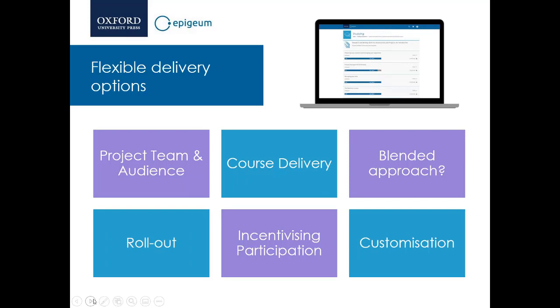The next consideration is whether you will be incentivizing participation. Choosing to make a course like this compulsory has its advantages. It can make uptake much easier, of course, but the implementation still has to be well planned so that learning objectives are achieved, not forgetting that you would also need to decide what would happen if a person does not take the mandatory training.